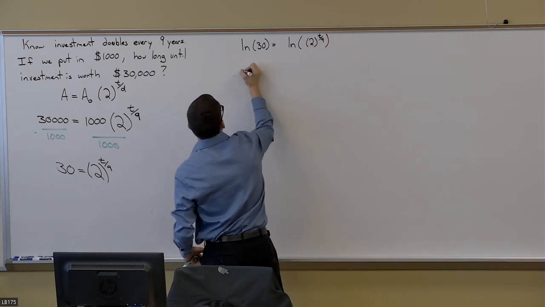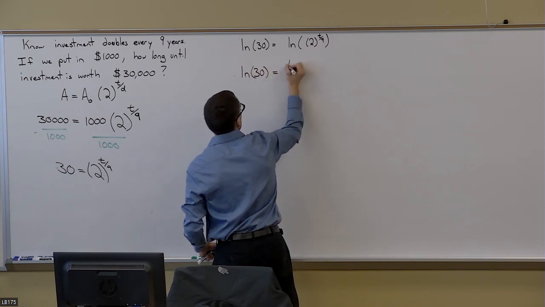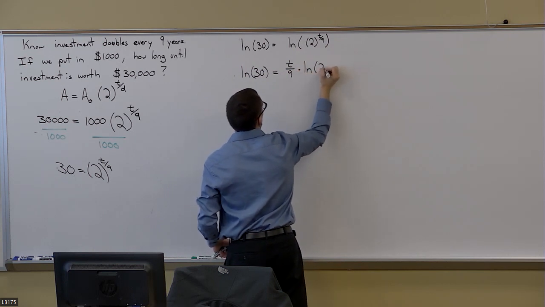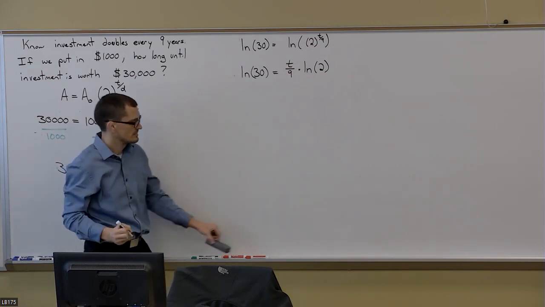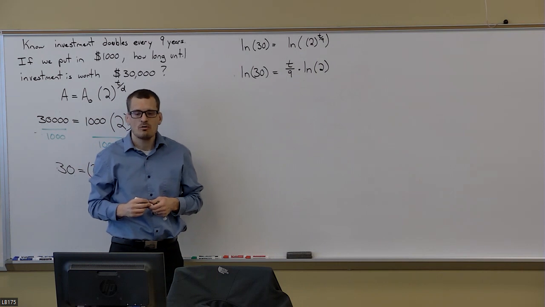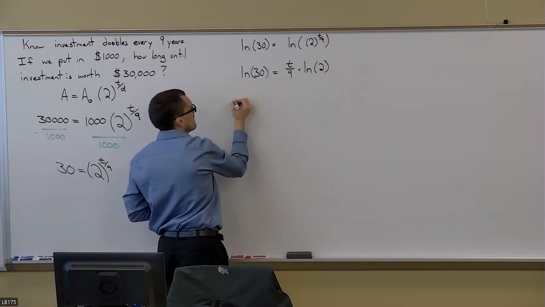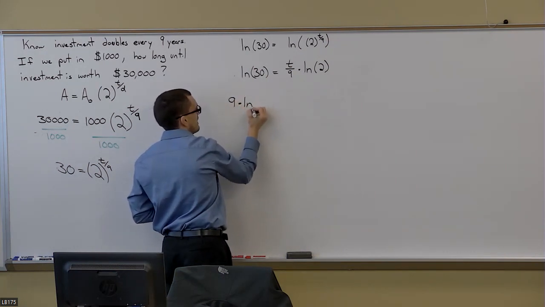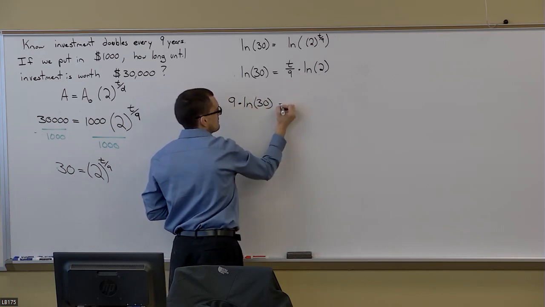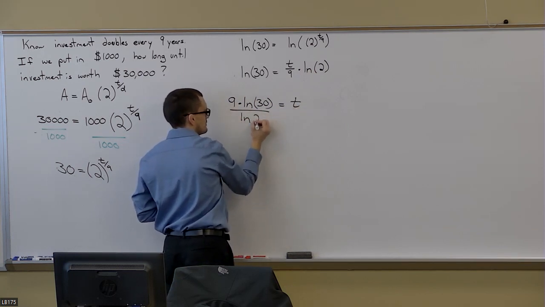And then bring my exponent out front. Hopefully we've done enough solving to realize that if we're dividing by 9, to undo that, I should multiply by 9. And then multiplying by natural log of 2, to undo that, I need to divide by natural log of 2.